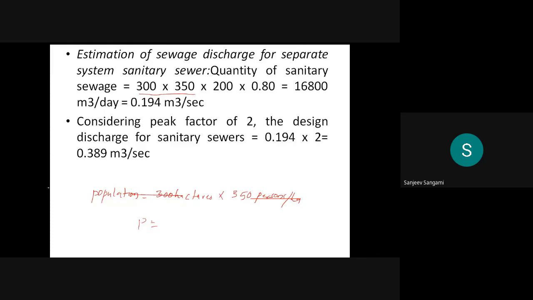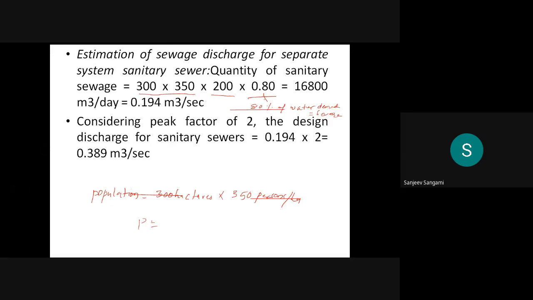Then the next thing is the rate. This is the rate, and we have to assume it as 0.8, meaning 80% of the water demand is coming out as the sewage flow.